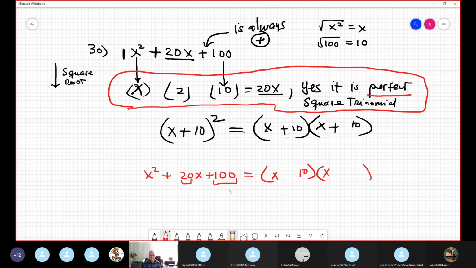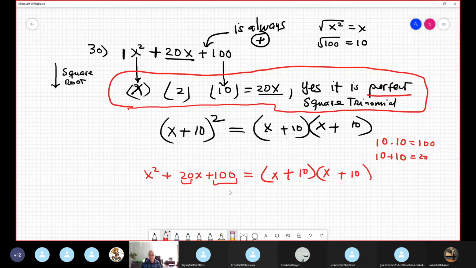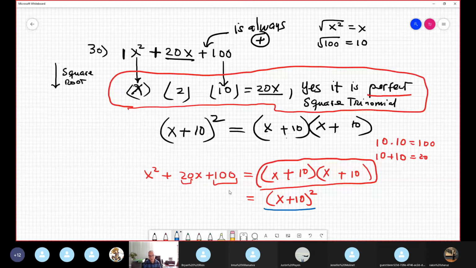It's obvious that it's 10 and 10, because 10 times 10 is 100, and 10 plus 10 is 20. And what about the sign? Same sign, plus both. Bam. I finish. I don't say anything in the moment. This guy is a perfect square, because the professor says that when they are twin brothers, it's a perfect square. So you put it together, and that's it. But this answer is perfect. The blue one is the more elegant answer, but this one is perfect.